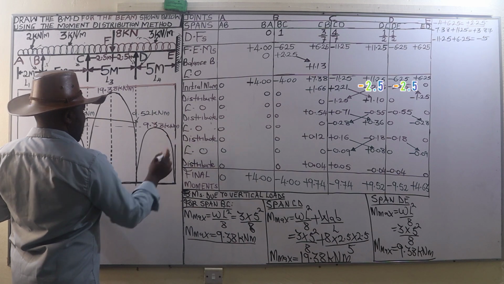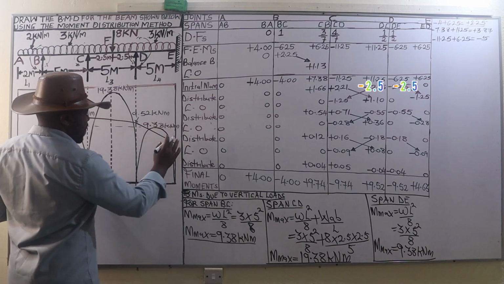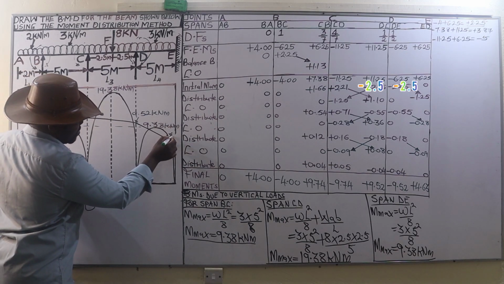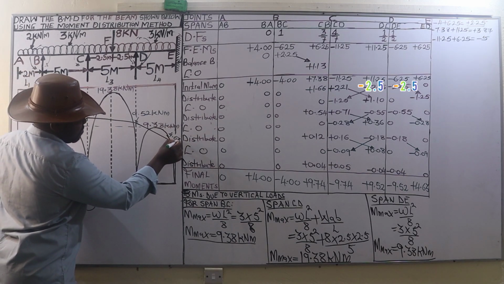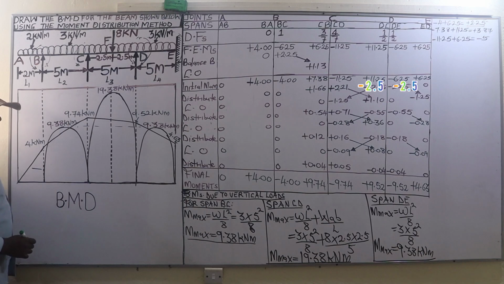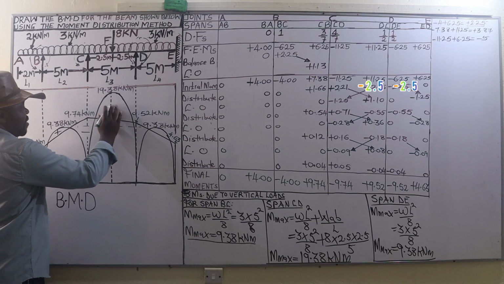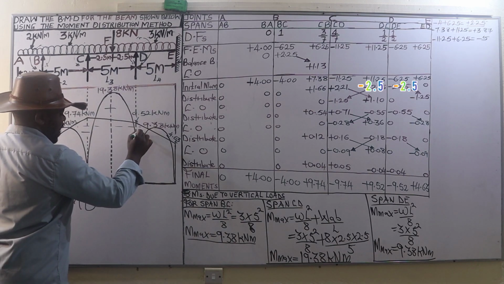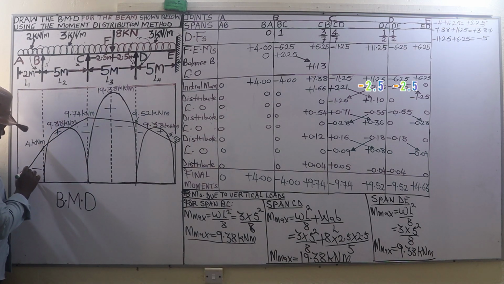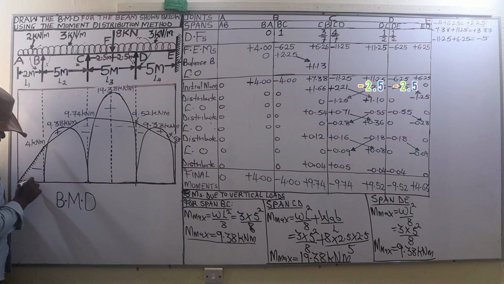So I'm going to join this 9.52 to 4.63. So let me write it this way. 4.63 kilonewtons meter. This is a negative, positive, negative, positive, negative, and positive. And then finally, I'm going to shade off the outline of my BMD for it to become very clear, very smart, and awesome.